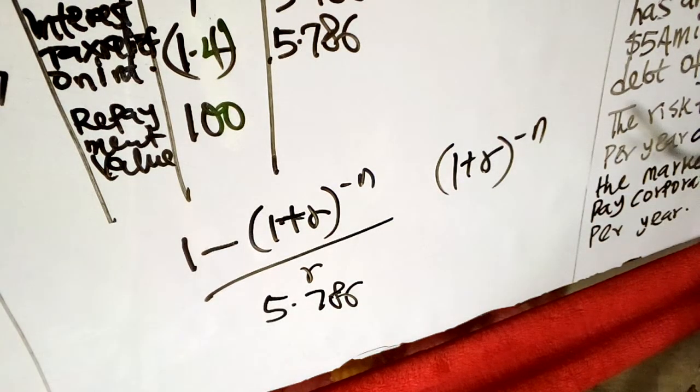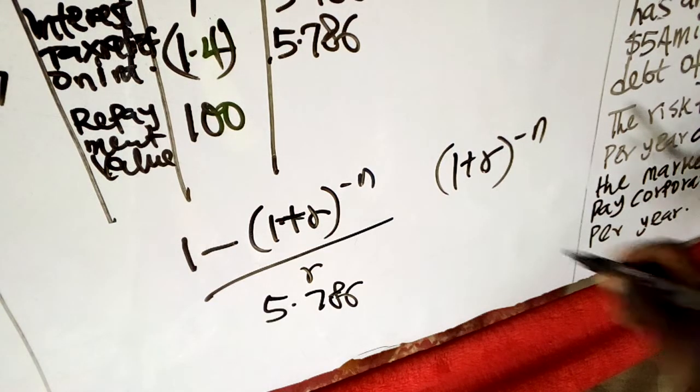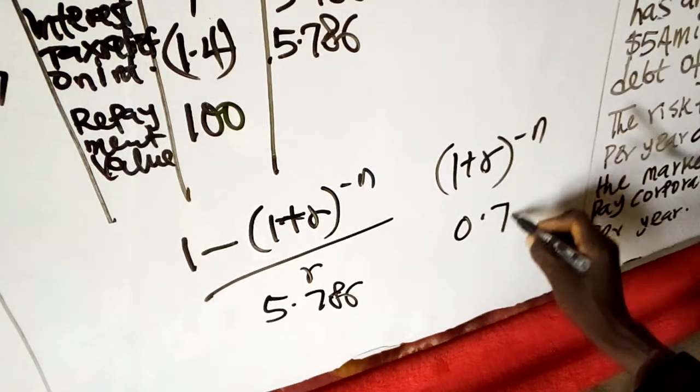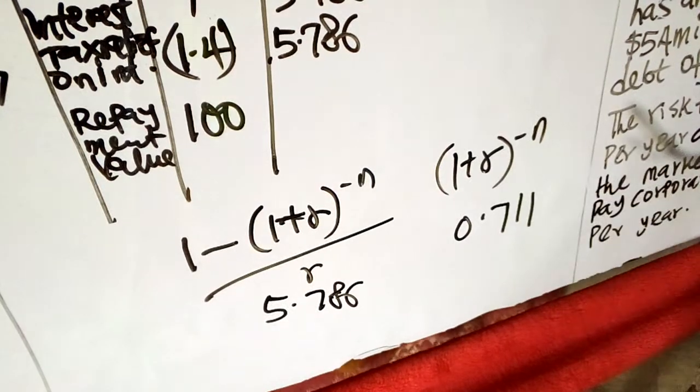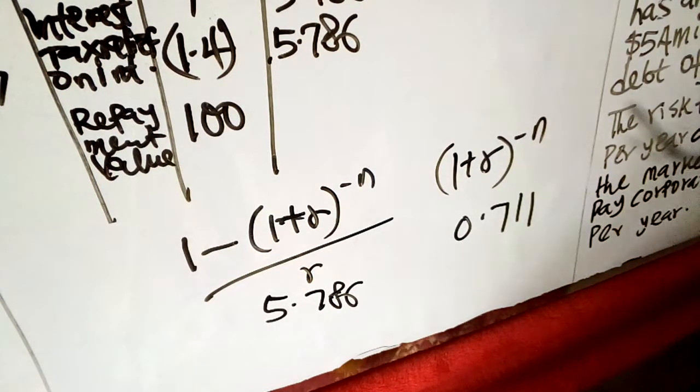To obtain the discount factor for the 7th year, 1.05 raised to the power minus 7, we have 0.711.